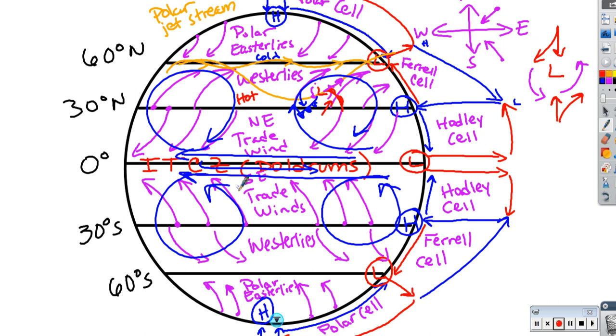The surface winds are also the reason why we see the hurricanes do what they do. So here's a hurricane that's forming. If it forms in the trade winds, it'll drift towards the west until it's forced up towards the boundary between the trade winds and the westerly winds, and it'll make its famous turn to the east.